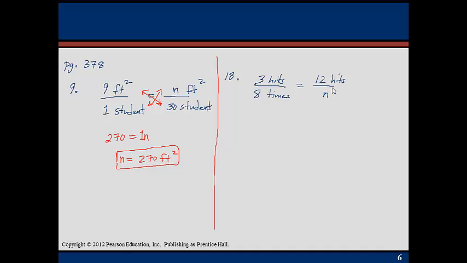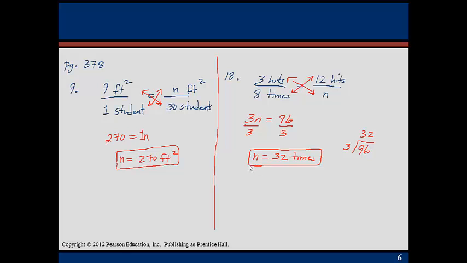So we're going to call that n. That's what we're looking for. So again, we cross multiply. So 3 times n is 3n equals 8 times 12, which is 96. And then we're going to divide both sides by 3. Divide by 3. And n equals 32. So he's been at bat 32 times.